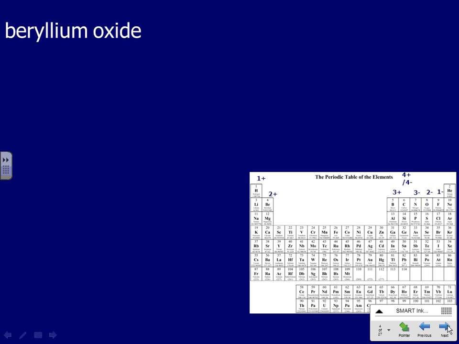So write down beryllium, Be, oxide, write the O, find the charge for beryllium, don't write it down, think it, and then cross it over. What am I putting right here by the O? What number am I putting here by the O? Yeah, at the back there?